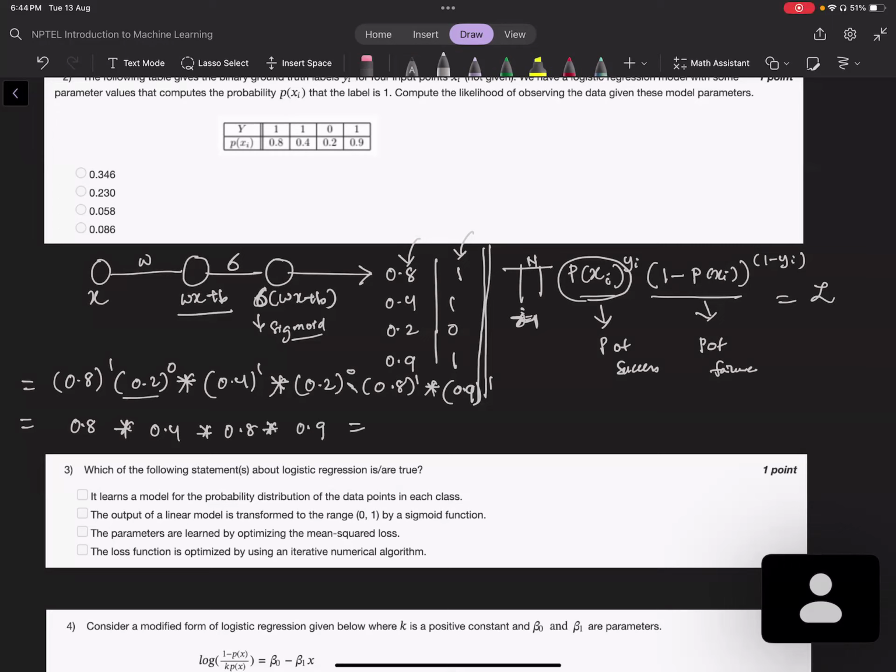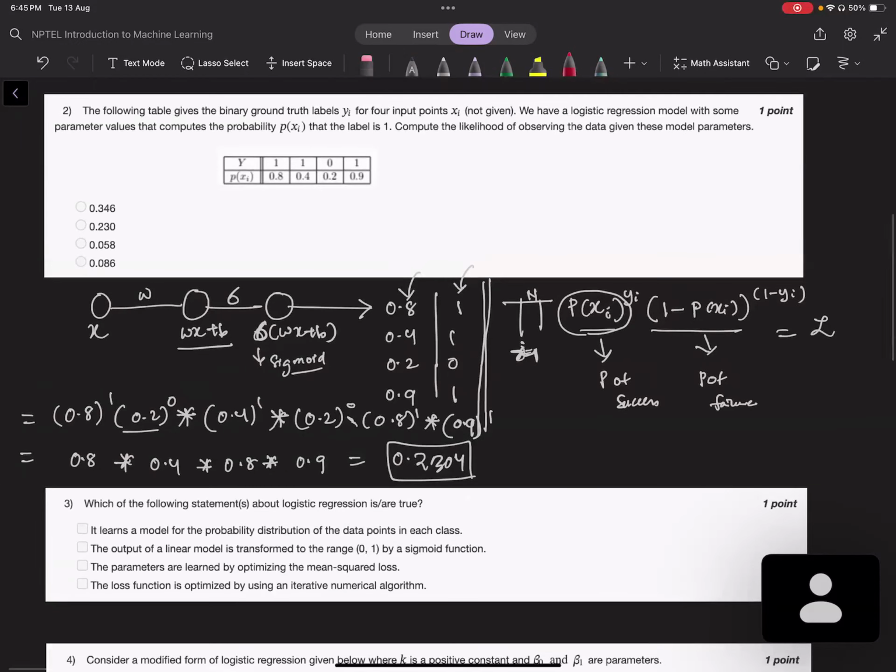Let me try it: 0.8 times 0.4 times 0.8 times 0.9. It's coming to 0.2304. Which option is that? Yeah, B. So it will be B.